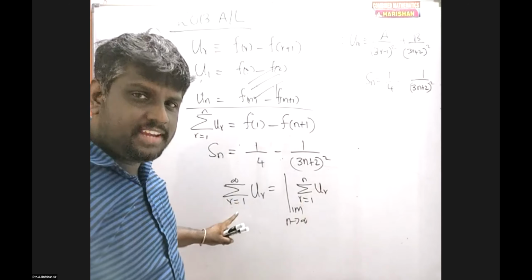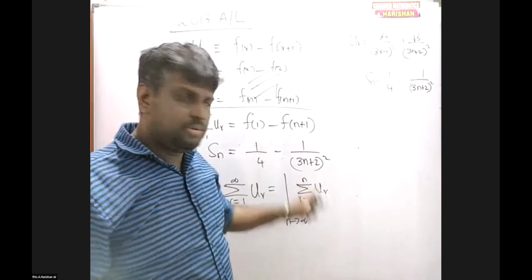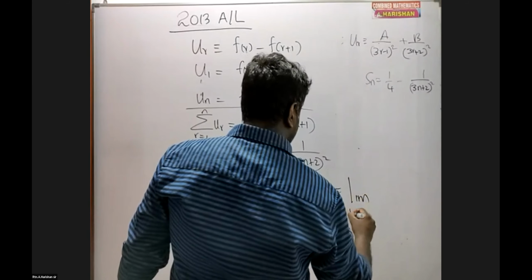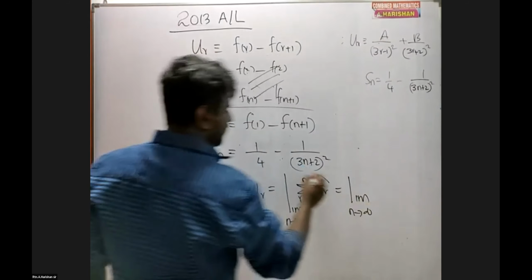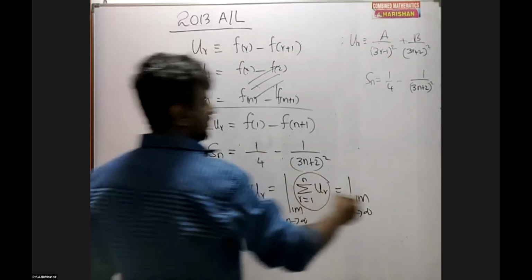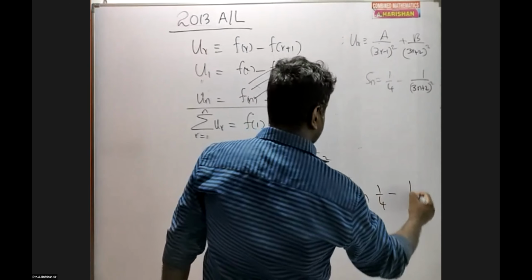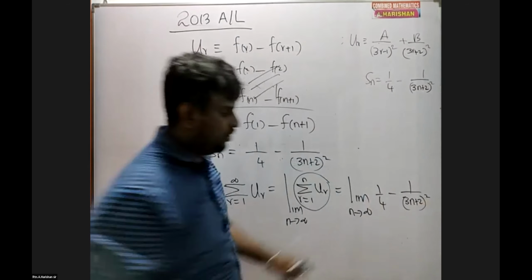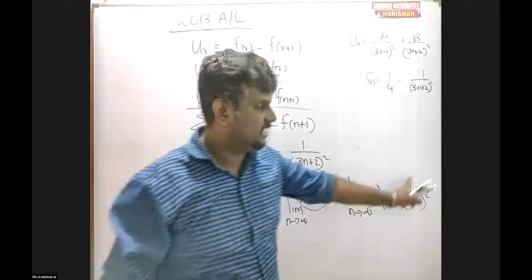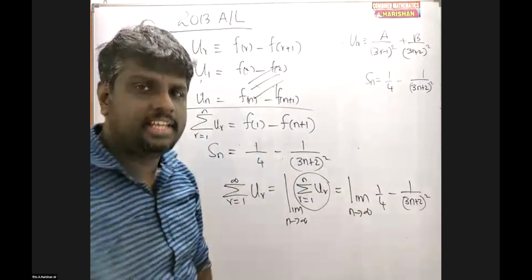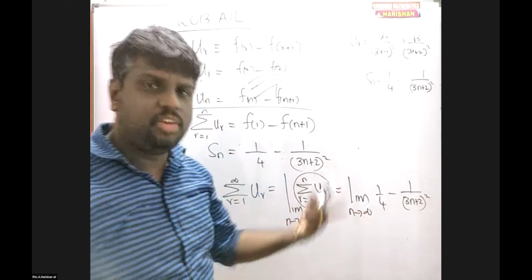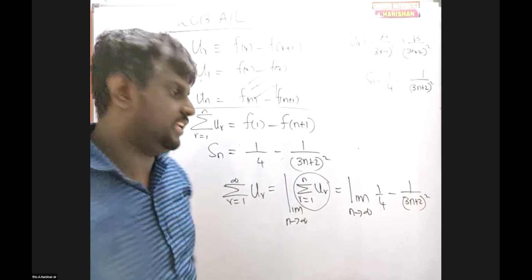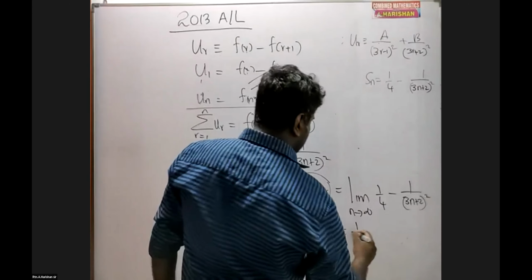So you have to find the infinite series, but how to do it? In this case, limit n tends to infinity of 1/4 minus 1 over (3n plus 2) squared. As n tends to infinity, this becomes 0 because 1 over infinity is 0, right? If n tends to infinity, (3n plus 2) squared is always infinity. So the answer is 1/4.